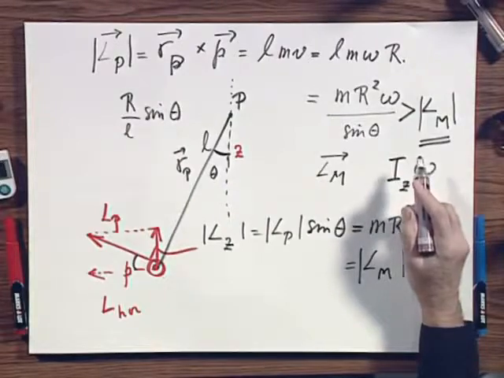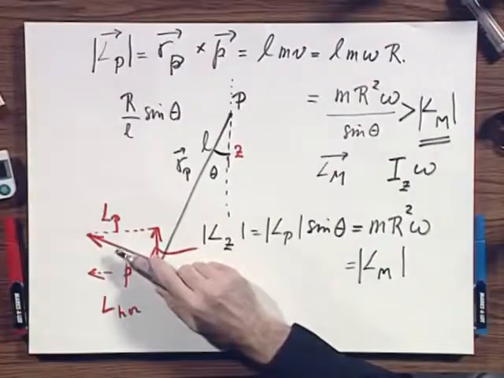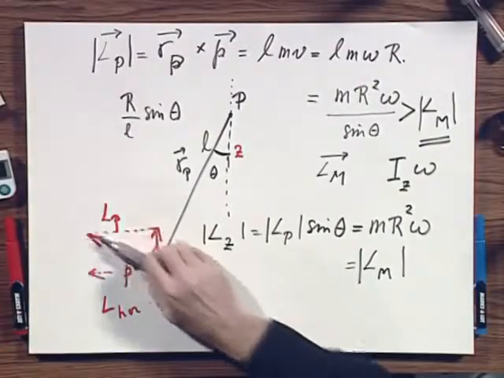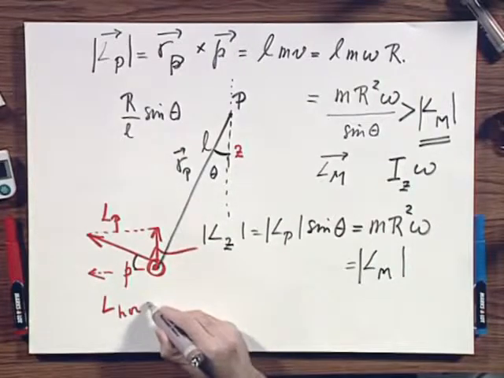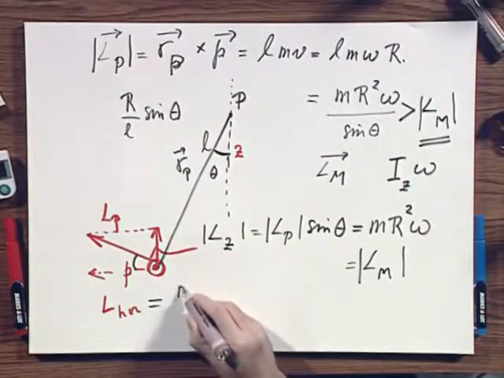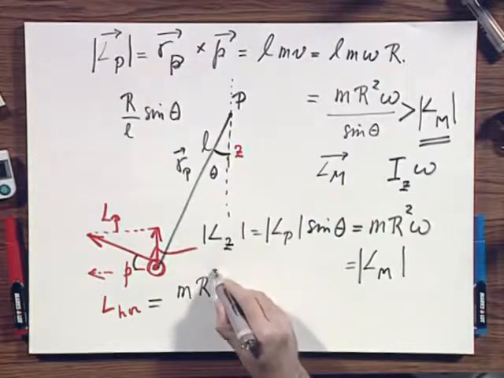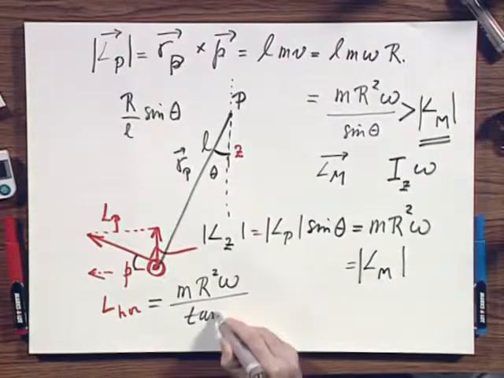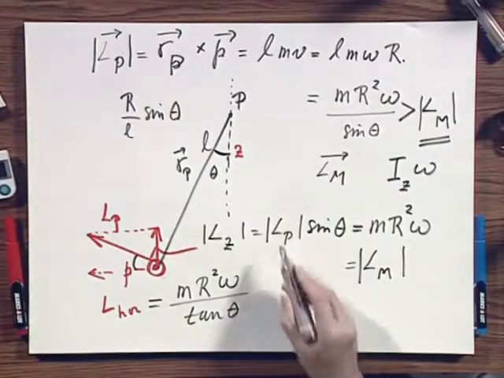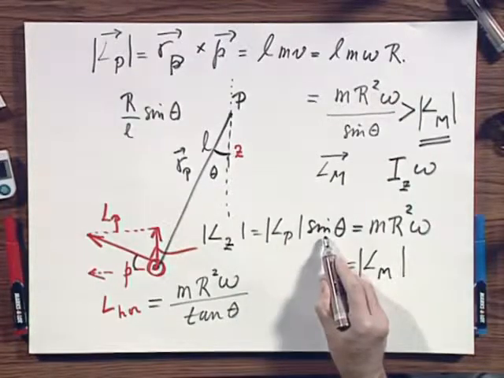But is angular momentum conserved? Absolutely not, because you can clearly see that this vector is going around. The horizontal component, by the way, equals m r squared times omega divided by the tangent of theta, because it is Lp times the cosine of theta.